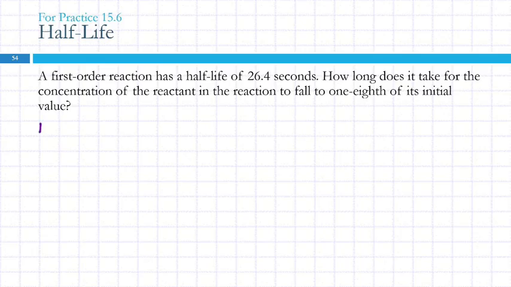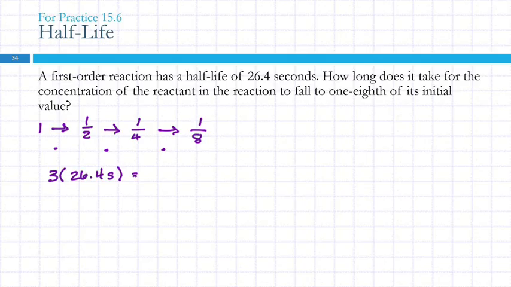So we start with 1, and then we go to 1/2, and then 1/4, and then 1/8. 1, 2, 3. That's 3 half-lives. So 3 times the half-life of 26.4 seconds, which is 79.2 seconds.